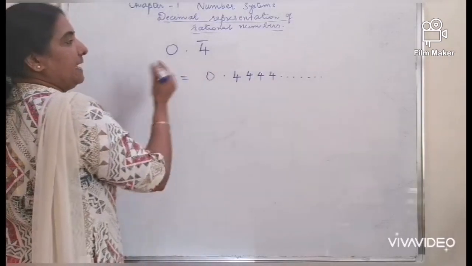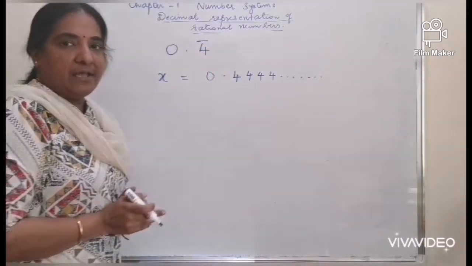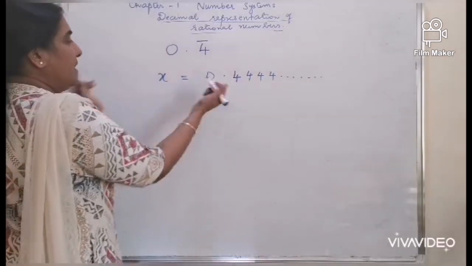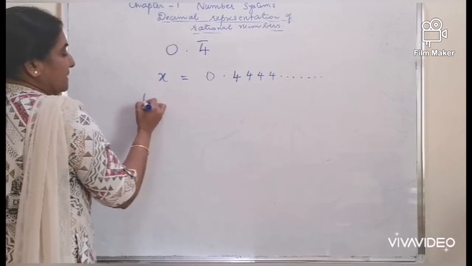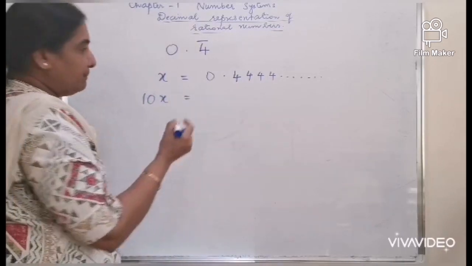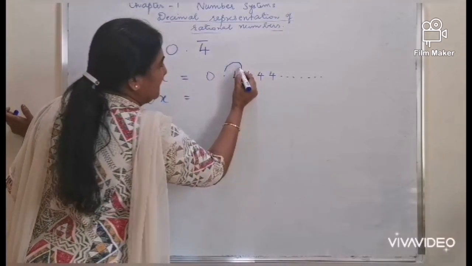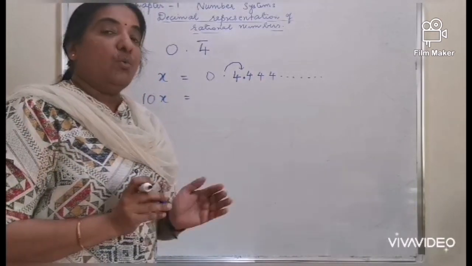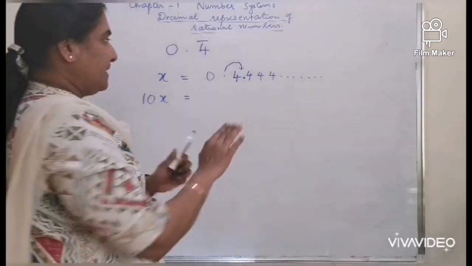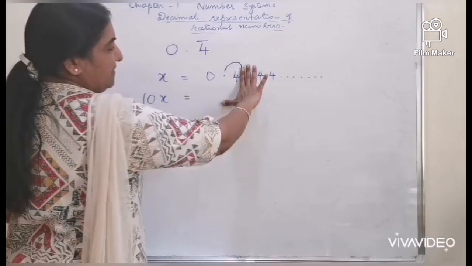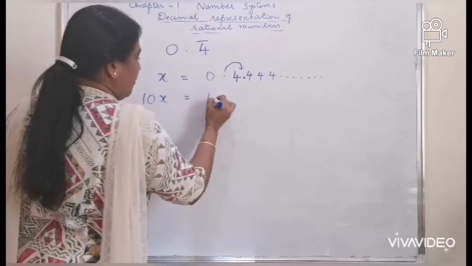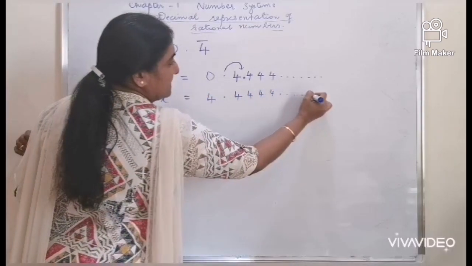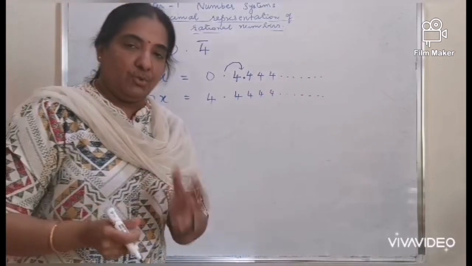Since only one place is repeating, multiply both sides of this equation by 10. 10x is equal to, you can see multiplication by 10 means the decimal point will shift one place to the right. Once it gets shifted, you can read it as 4.4444, etc. Why are we doing it?